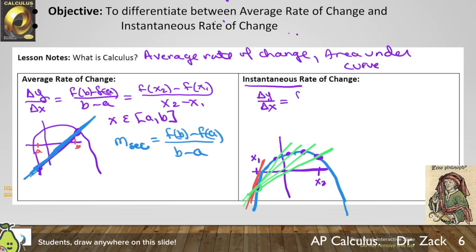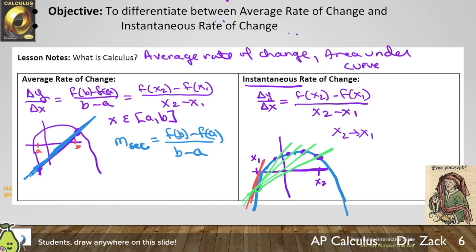So let's think about what we're doing here. We're taking our function from x2 and we're subtracting from x1. Those are your y values, change in y's, over our x2 minus x1, which still looks like the slope of a secant line. But the x2 is traveling closer and closer to that x1.